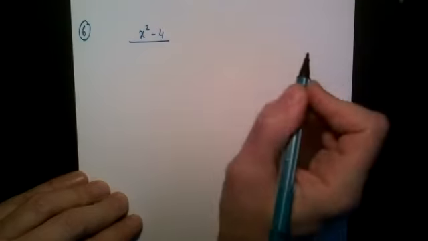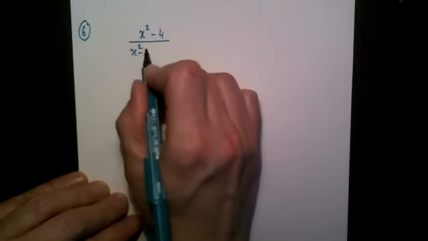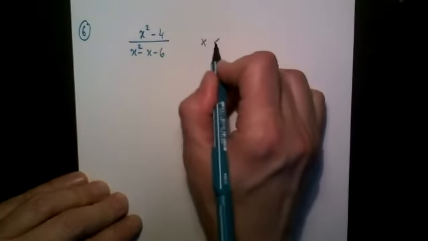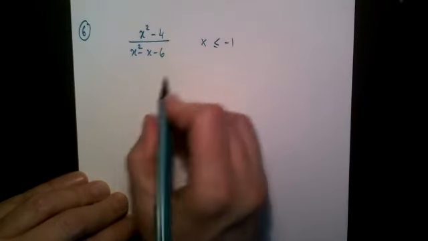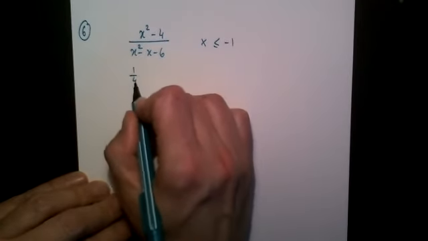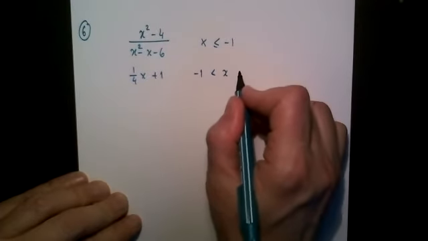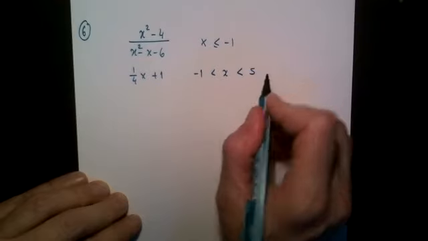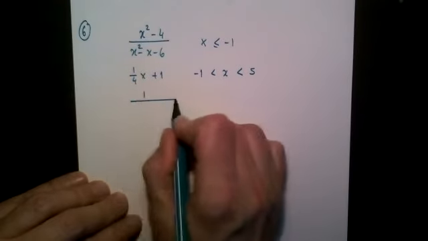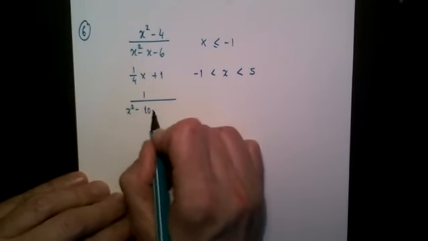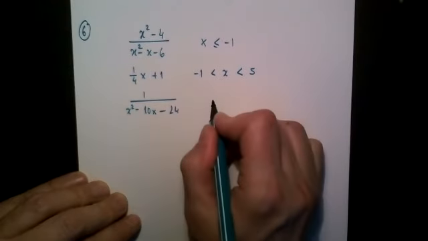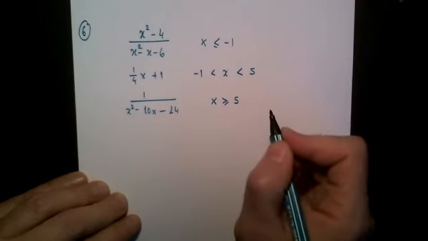So let's say f of x is equal to, so a piecewise function, x squared minus 4 over x squared minus x minus 6 if x is less than or equal to minus 1, then 1/4 x plus 1 if x is between -1 and 5, and 1 over x squared minus 10x minus 24 if x is greater than or equal to 5.